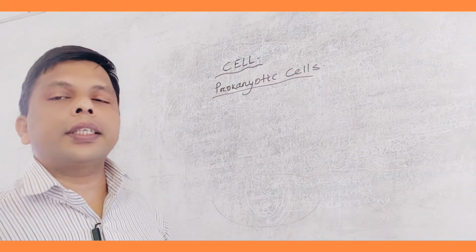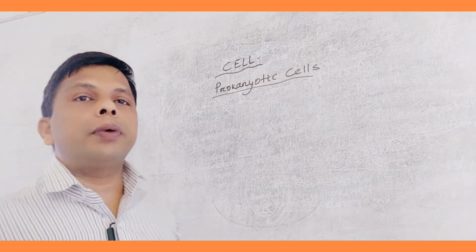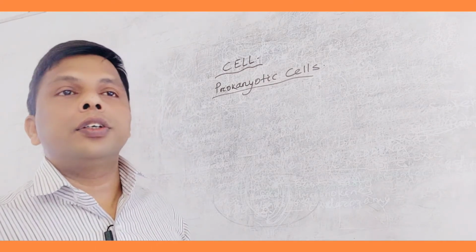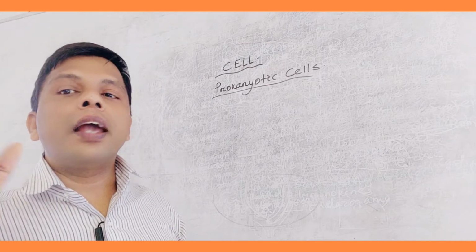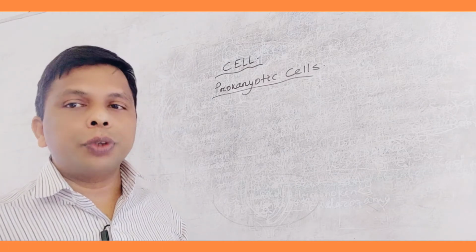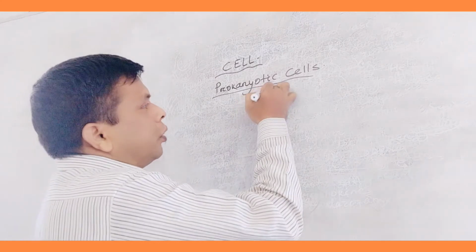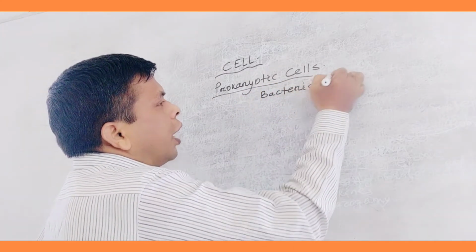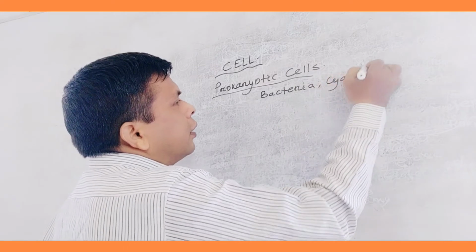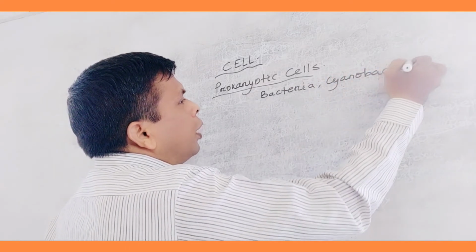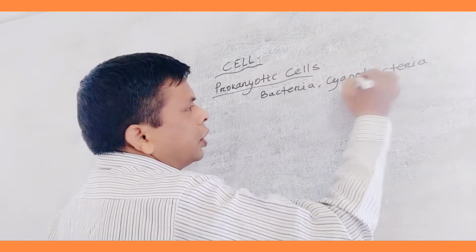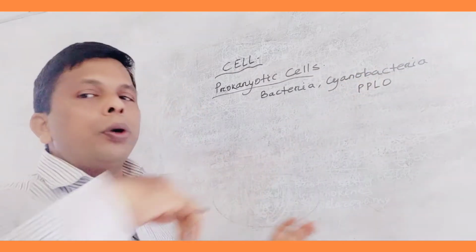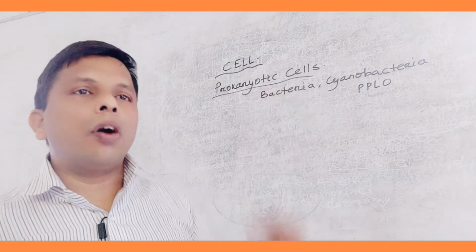These prokaryotic cells are represented by bacteria, cyanobacteria or blue green algae, and PPLO, pleuropneumonia like organism.